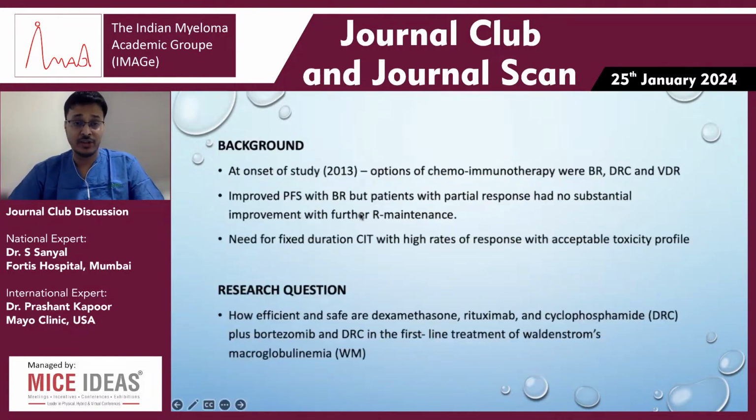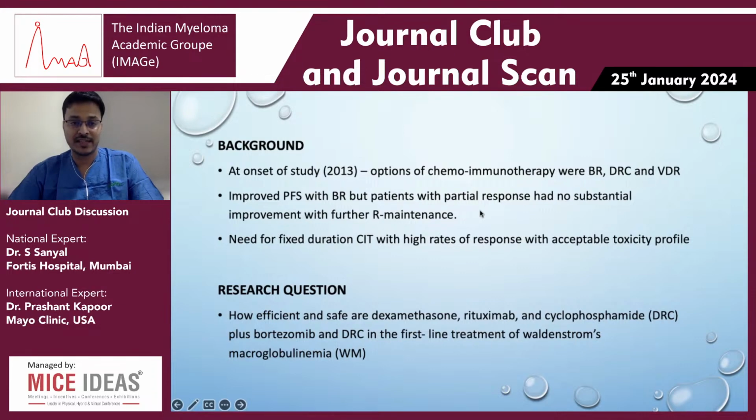Background. It is very important to understand that the study was initiated in 2013, before ibrutinib was discovered as a treatment for Waldenstrom. The options of immunotherapy at that point of time were BR, DRC, and VDR.